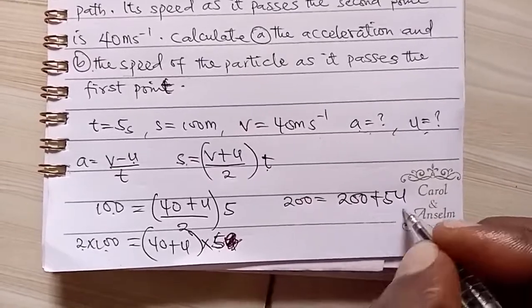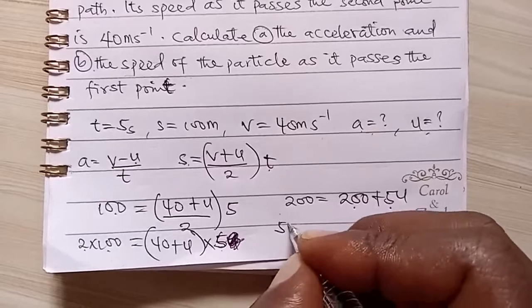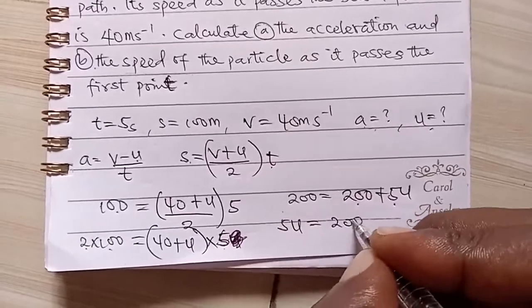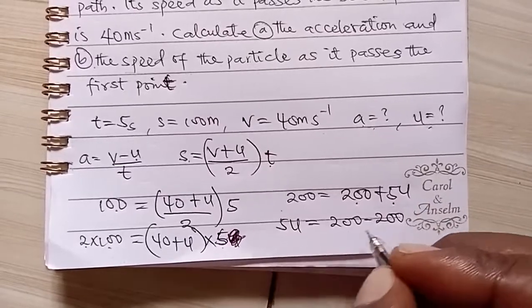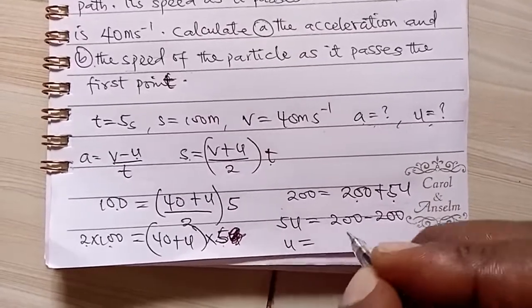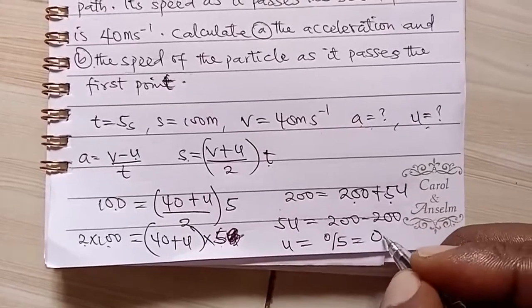So we can make 5u the subject of the formula, which means this crosses over. We have that 5u is equal to 200 minus 200. So 5u is equal to 0. Therefore, u is equal to 0 over 5, which is 0 meters per second.